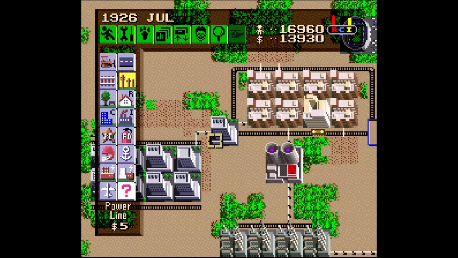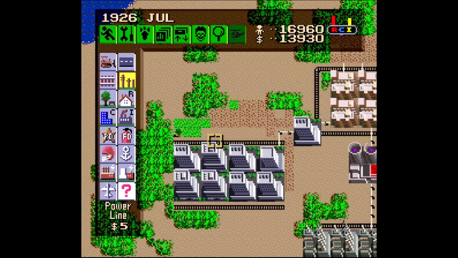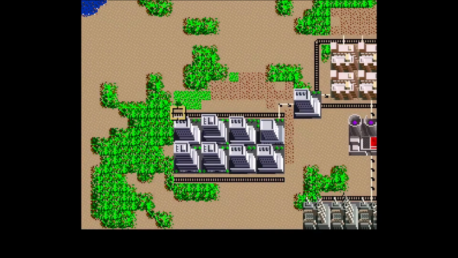I would have to get rid of all of this, and possibly this, surround it with park, get it to where I want, and then I can go from there. So commercial demand dropping is the only thing that a commercial zone is not immune to.